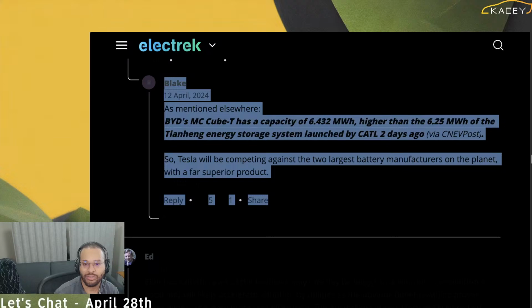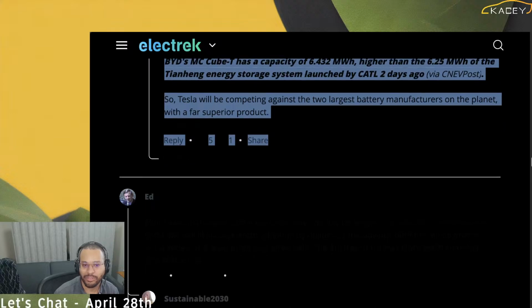So Tesla will be competing against the two largest battery manufacturers on the planet with a far superior product. So you're saying who's more superior? The competition?